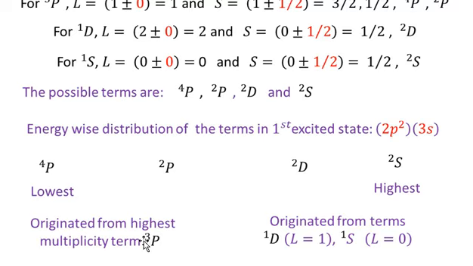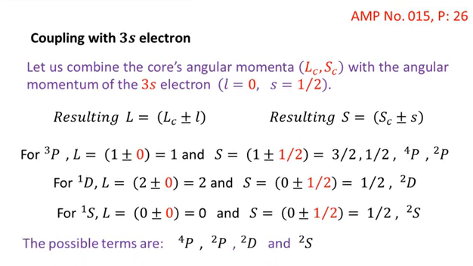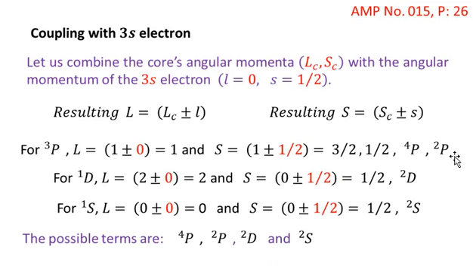So the arrangement of energy will be given according to these terms. Out of these three terms, the 3P term being the highest in multiplicity will have the lowest energy, so all the terms that I have obtained using the 3P term will have the lowest energy. And when I used the 3P term, I got only two terms, that is the 4P and the 2P.